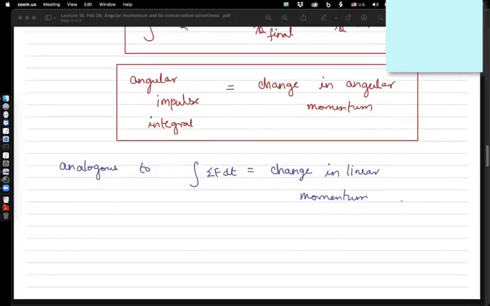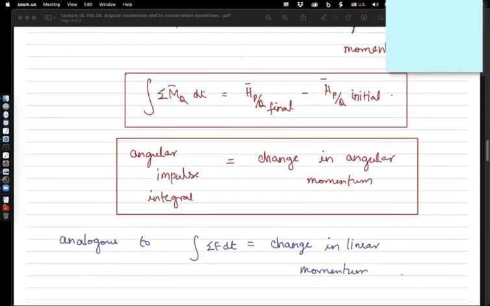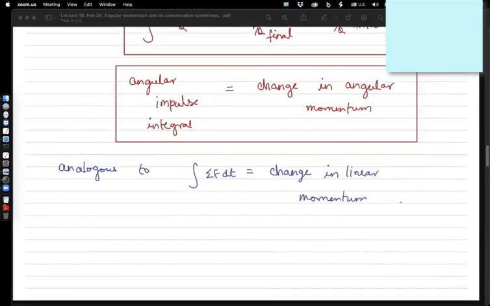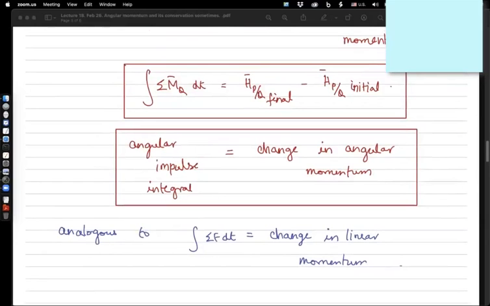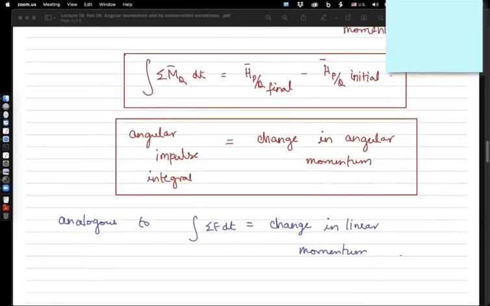Okay, so like I said, this is quite analogous to the equation that we used last week, which is, instead of integral of moments, you have integral of forces equals change in linear momentum. And occasionally this happens to be 0, and you have linear momentum is conserved. But this is the angular version of that.